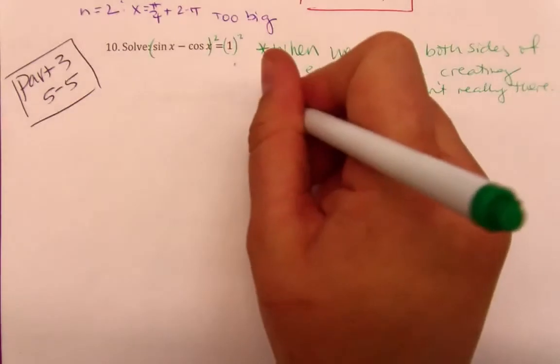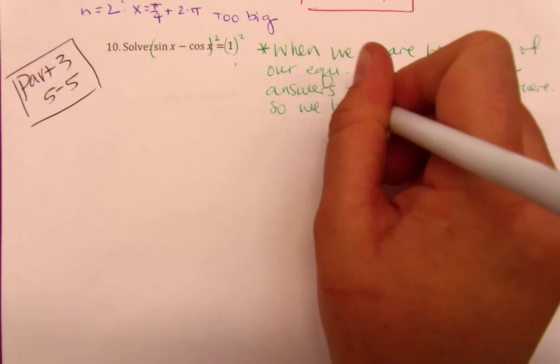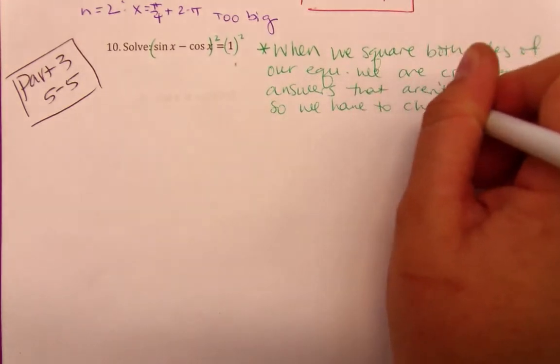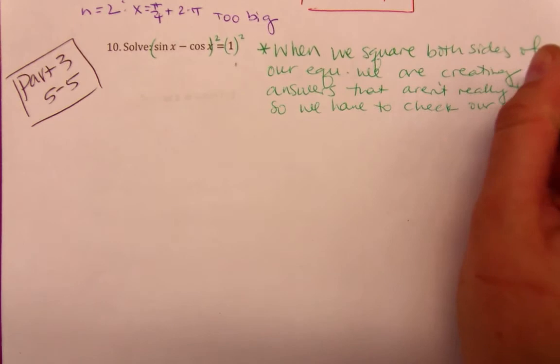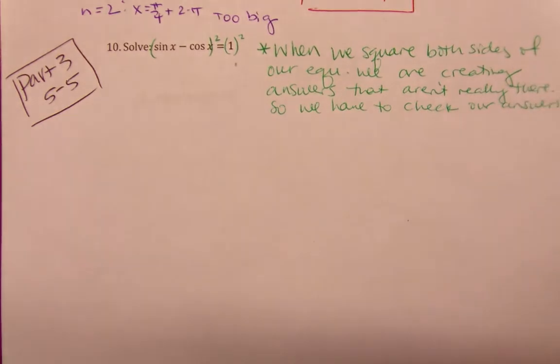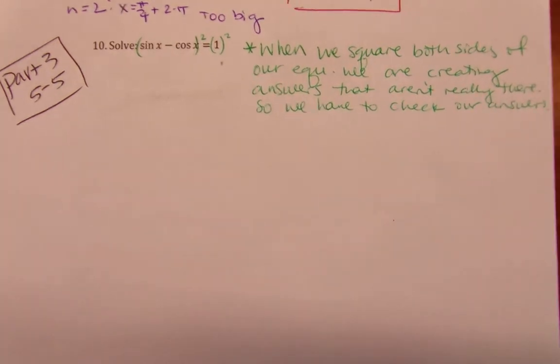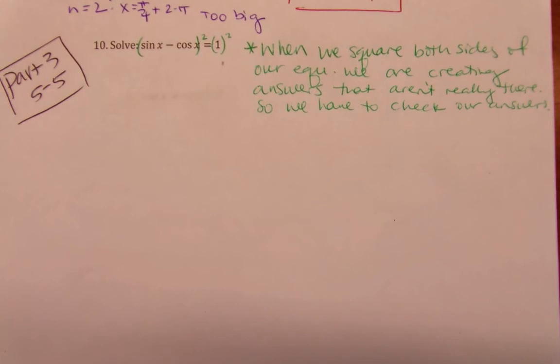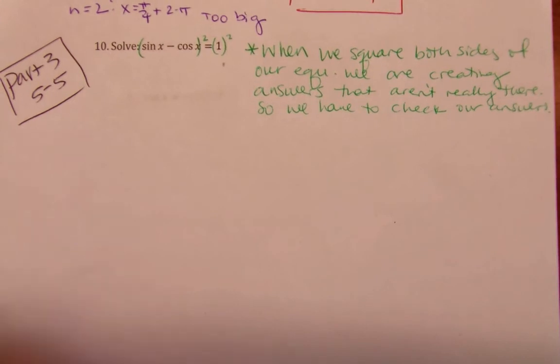Okay, so we have to check our answers. Okay, so we have to check these answers, so we're going to go ahead and continue with this process that we've started here.